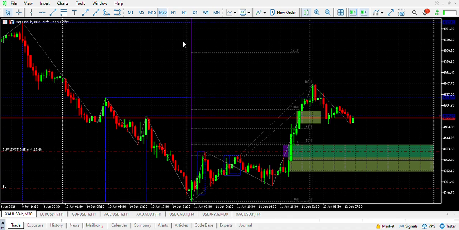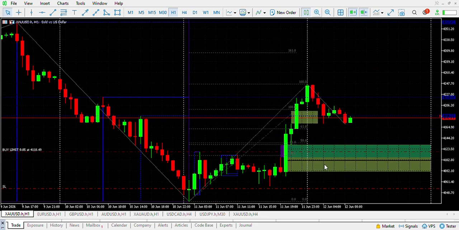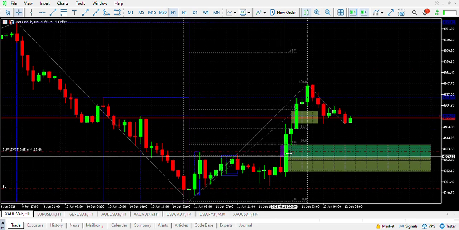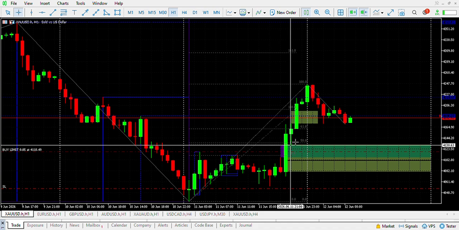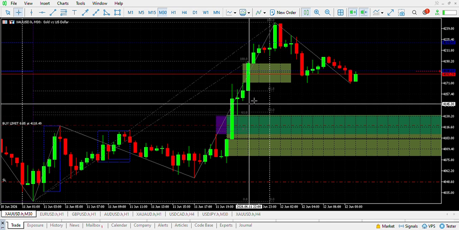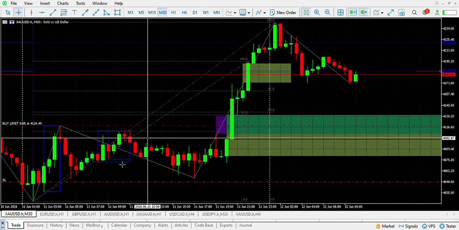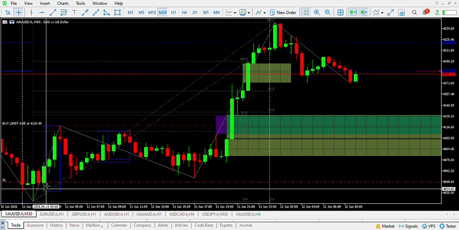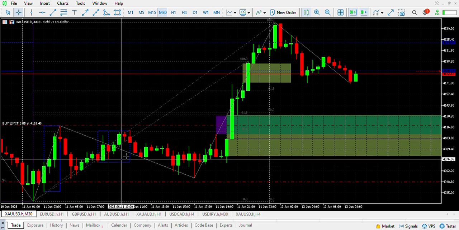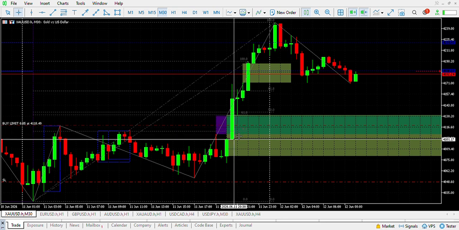I got to point out fair value gaps on 1 hour. So if you look at this, a fair value gap. I have a fair value gap here between here and here on 1 hour. Coming to 30 minutes, we have a fair value gap. We're looking for fair value gaps along the stretch that moved in the upward direction. Obviously, there's none here. So I also discovered the fair value gap here between here and here.